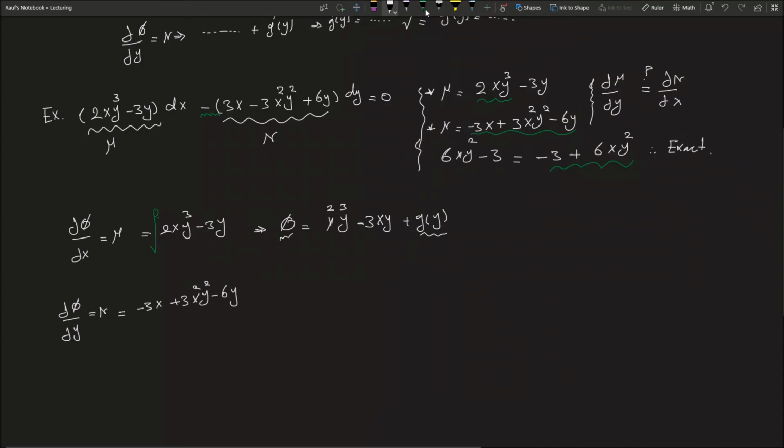So we said partial mu over partial y should equal partial nu over partial x in order to have an exact equation, and we confirmed here that this equation is exact. So we want to use that information to find g of y. The moment we find g of y, we have identified the function phi of x and y, and we have the solution for this equation.